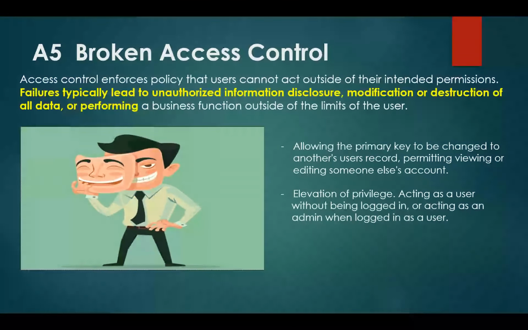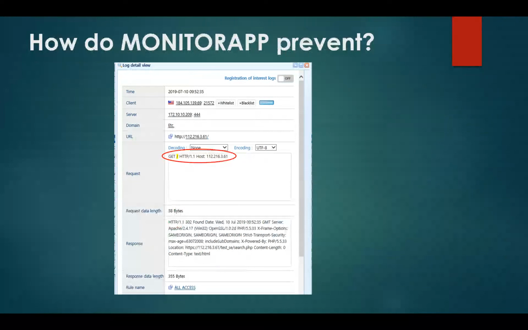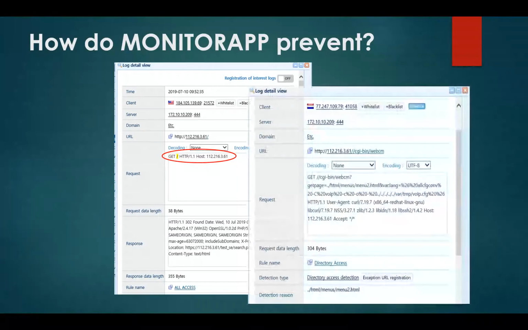So how can Monitorapp protect against these vulnerabilities? Monitorapp has a security policy whose rule name is all access. If the outside request is like this, we inspect all the host IP addresses and can block abnormal access.